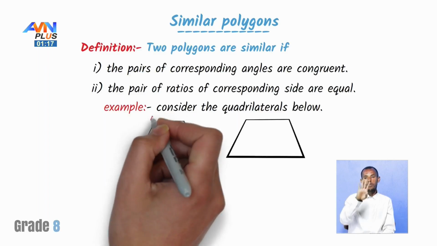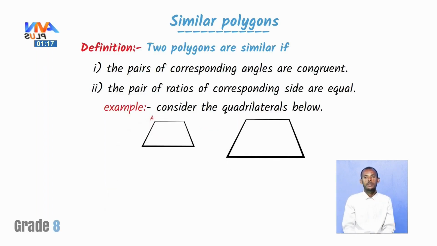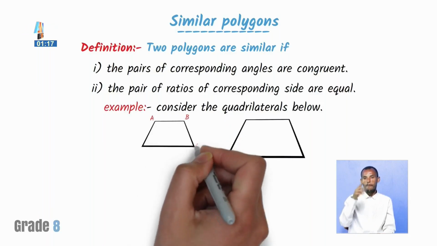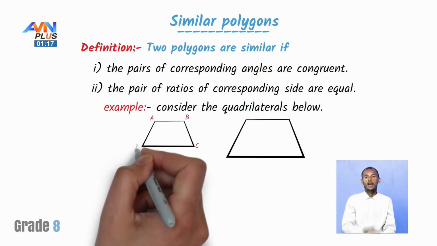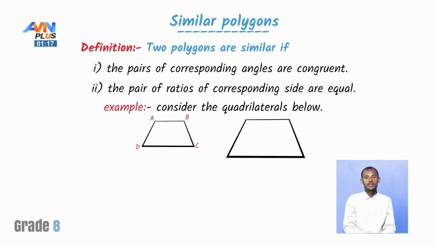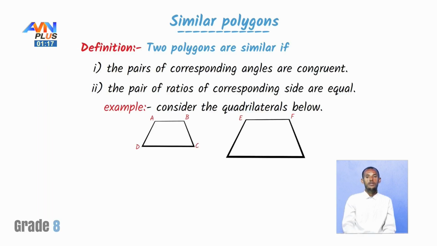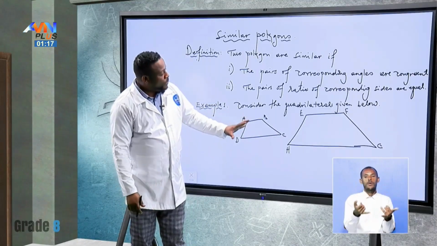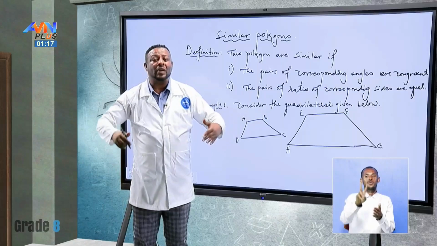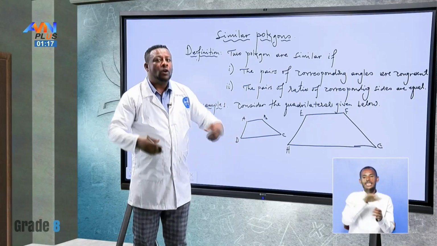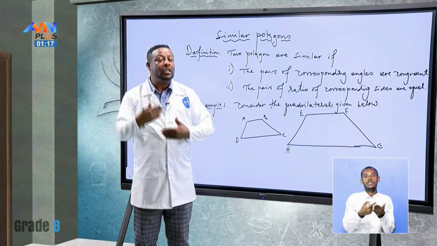One of the quadrilaterals has vertices A, B, C, D, and the other quadrilateral has vertices E, F, G, H. Now, these two quadrilaterals are similar.